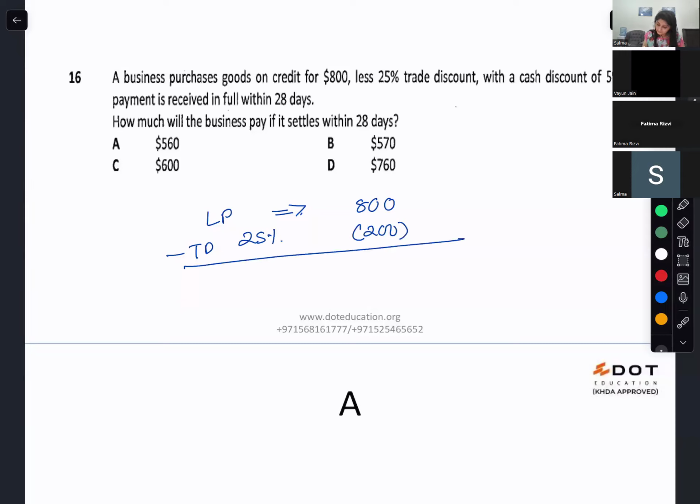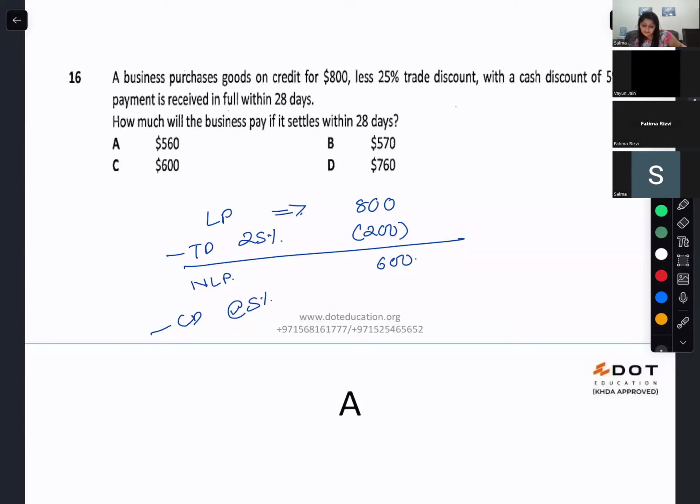Then the net list price will be $600, and the cash discount of 5% will be subtracted if it is paid within 28 days. Is it paid in 28 days?